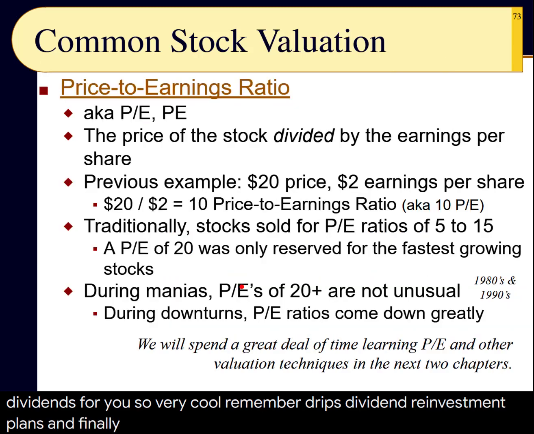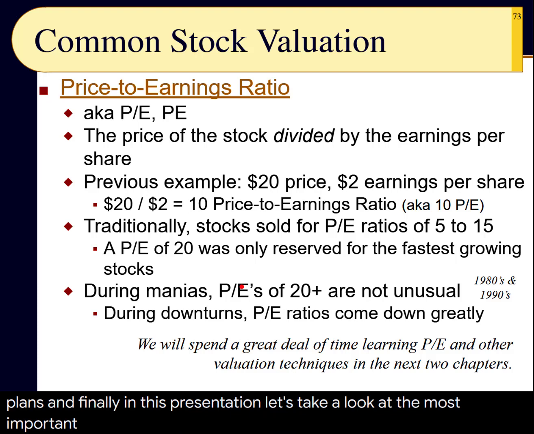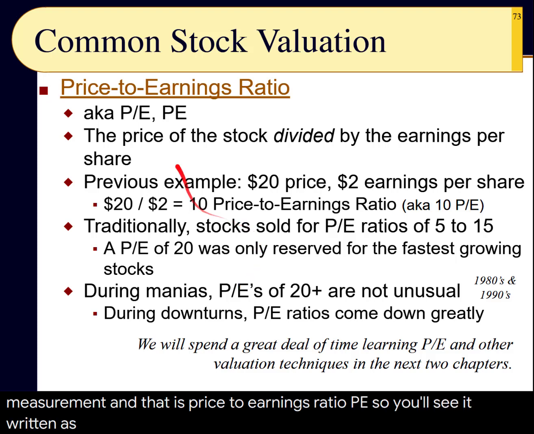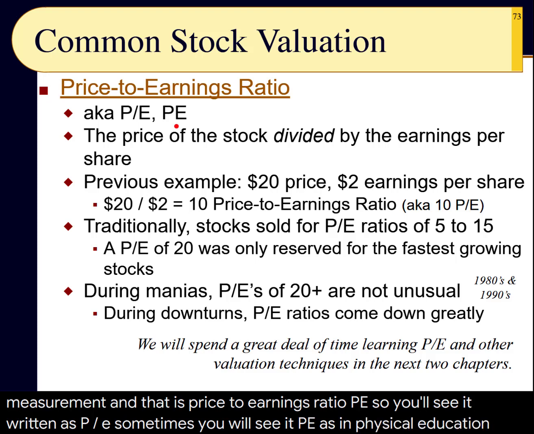And finally, in this presentation, let's take a look at the most important and most widely watched common stock valuation measurement, and that is price to earnings ratio, PE. You'll see it written as P/E. Sometimes you'll see it PE as in physical education, but no, PE.